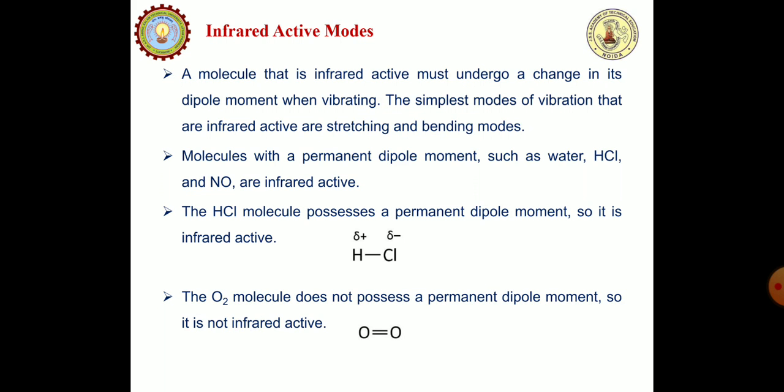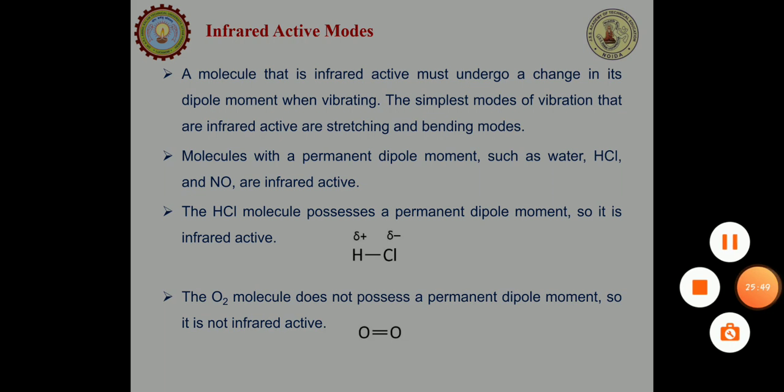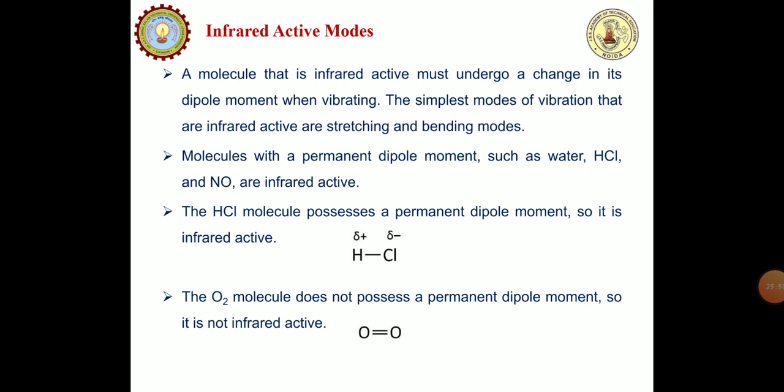For example, the HCl molecule has a permanent dipole moment, so it is an infrared active molecule. In HCl, H is partially positive and Cl is partially negative.